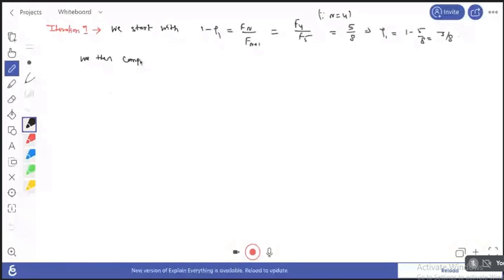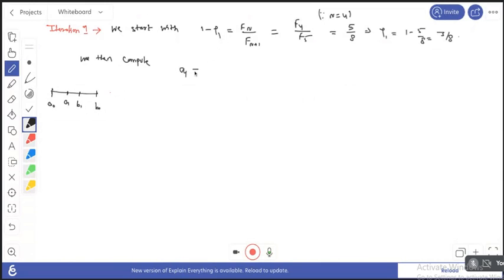Then we compute A1 and B1, because you know that this is your interval. All methods are the same as the golden section search method, but here only rho is replaced by rho 1. The reduction factor is not rho here; we take rho 1.